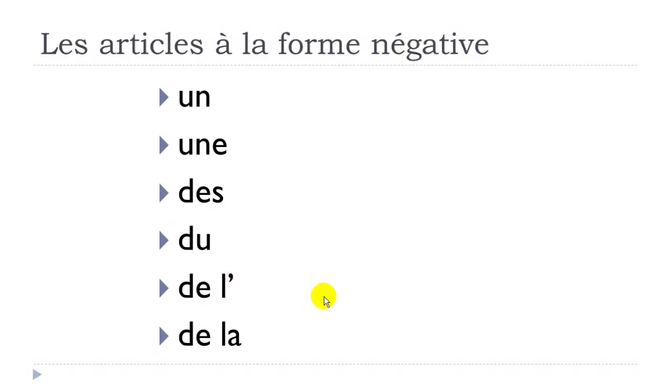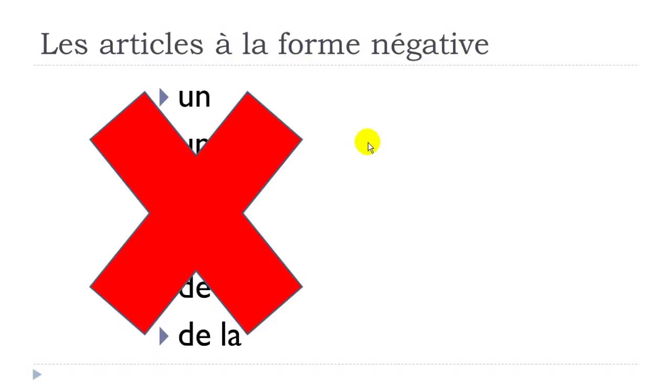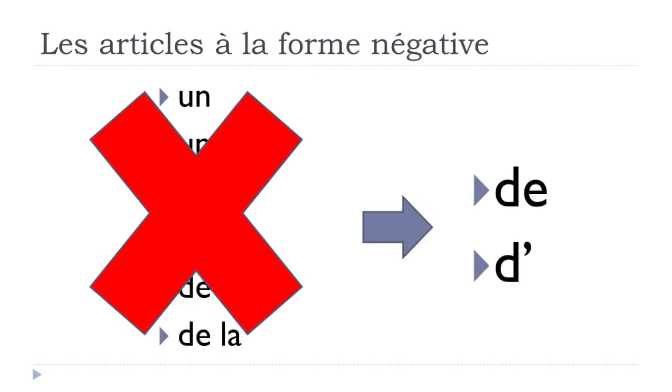If you want to put them in a sentence, and the sentence is at the negative form, then you will not use them, but instead you will use de or d' apostrophe if you've got a word with a vowel after or the sound of a vowel.